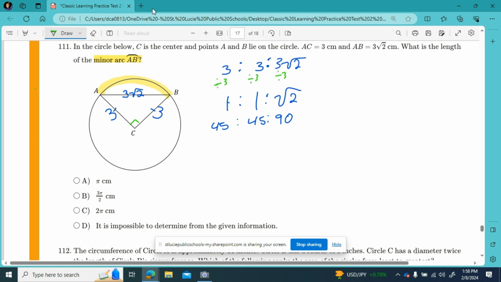And since a circle all the way around is 360 degrees, 90 degrees is how much out of 360 degrees? It'd be 90, 90, 90, 90. It's 1/4. There's a few ways you could prove that, but it is 1/4.